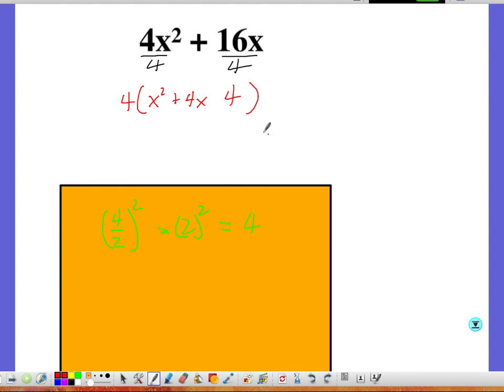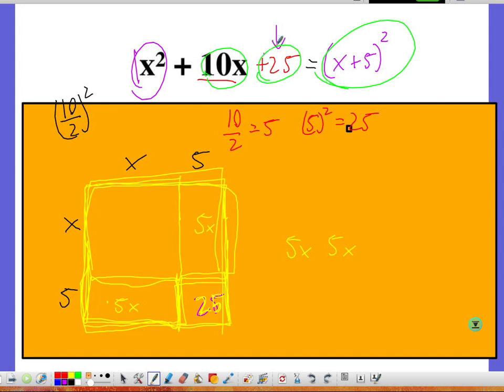Now, plus 4. Now, notice, here I could add 25, and then I could write the rest of my equation.